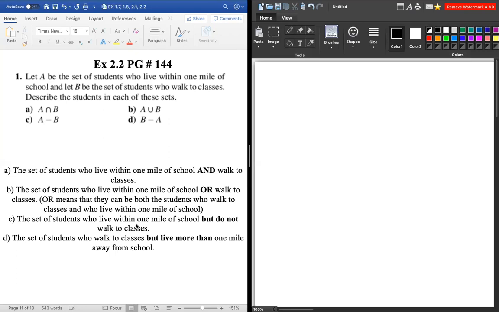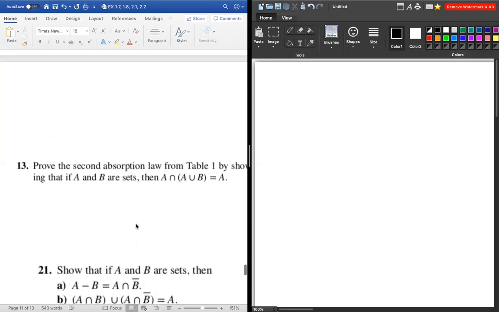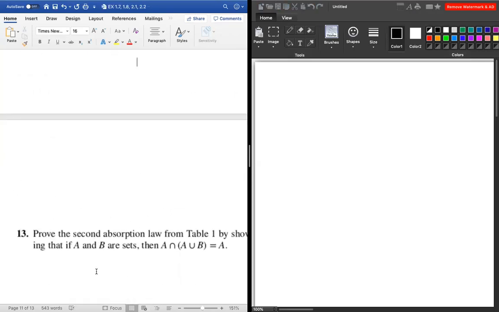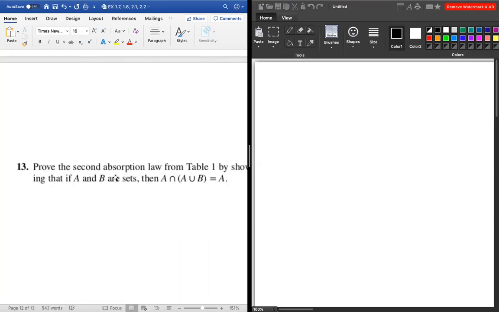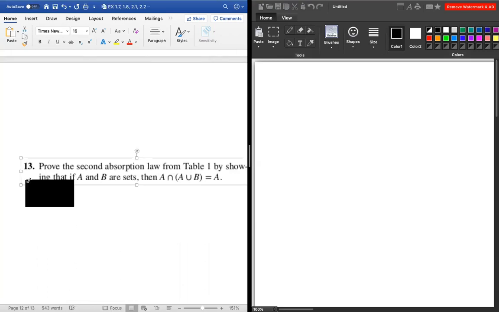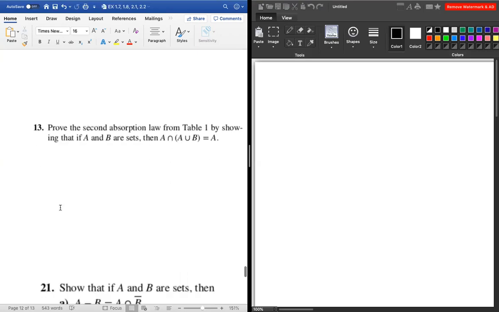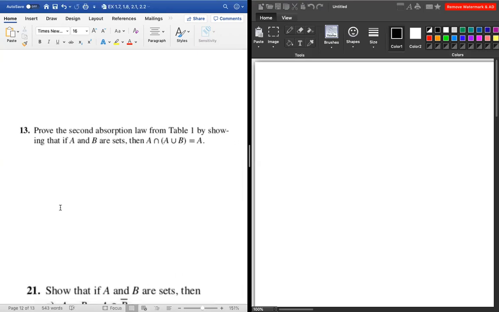Okay, let's move on to the next question. So question number 13. In question number 13, we have to prove the second absorption law.